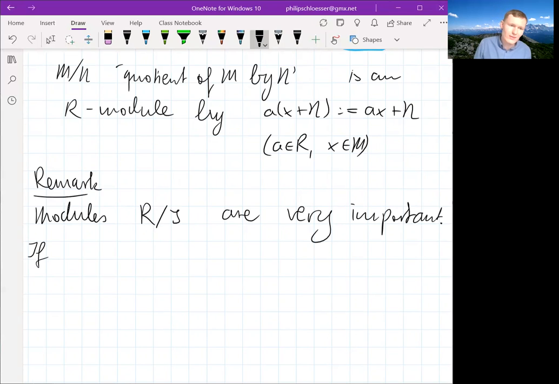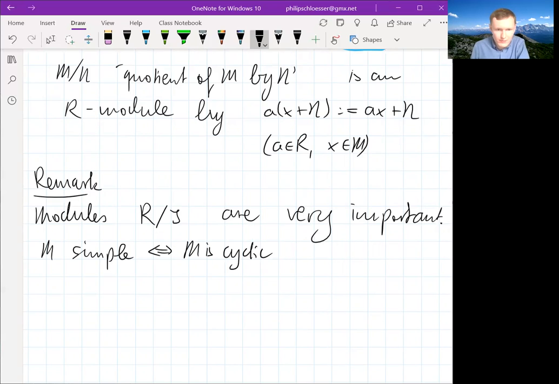If we have an R module M, then this module is simple if and only if it is cyclic, i.e., it is generated by one element.